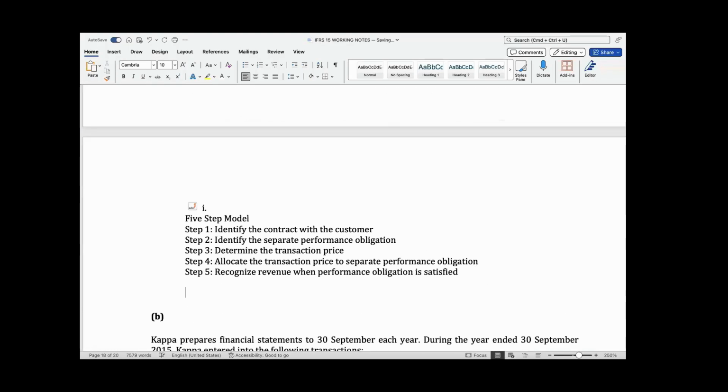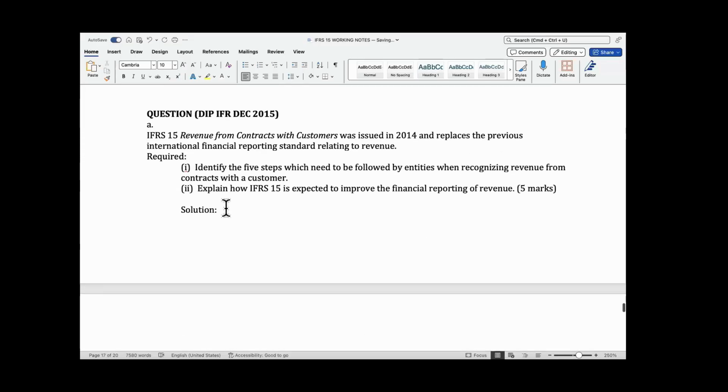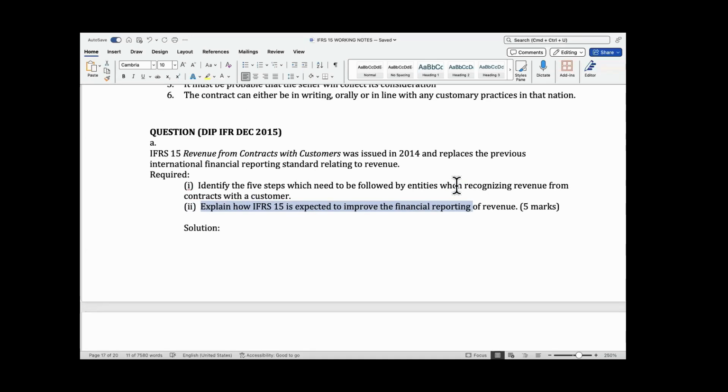Now let's go to this question. This one is saying explain how IFRS 15 is expected to improve financial reporting of revenue. Can you try this also?